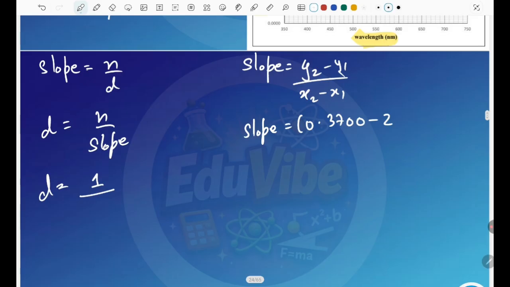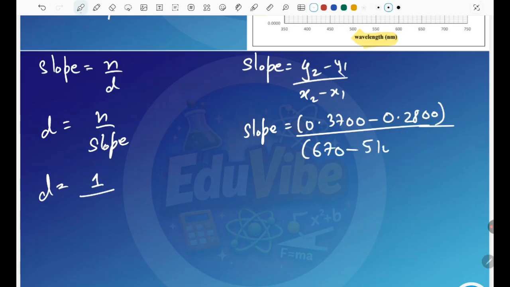So you get 0.3700 minus 0.2800, divided by 670 minus 510, and I take nanometers in common, but you have to convert nanometers to meters. Nano has a value of 10 raised to minus 9.